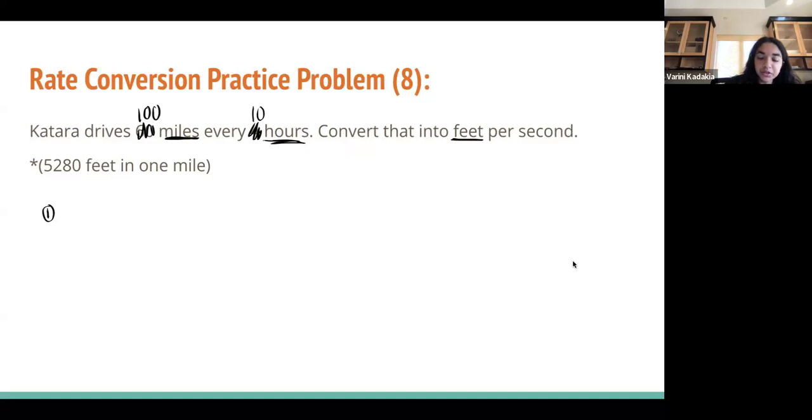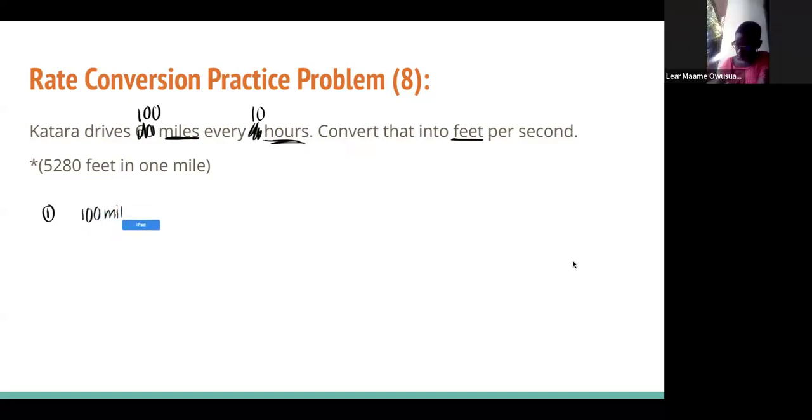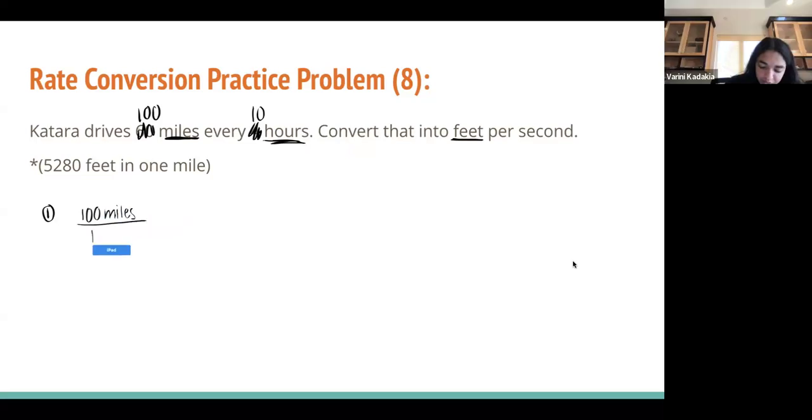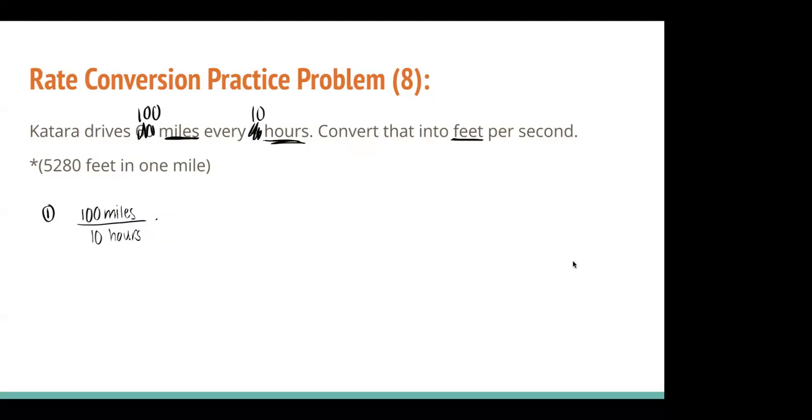So let's first do that. We have 100 miles in 10 hours, right? If I want to convert from miles to feet, what should be at the bottom and what should be at the top using this ratio? At the bottom, it should be 1 mile.